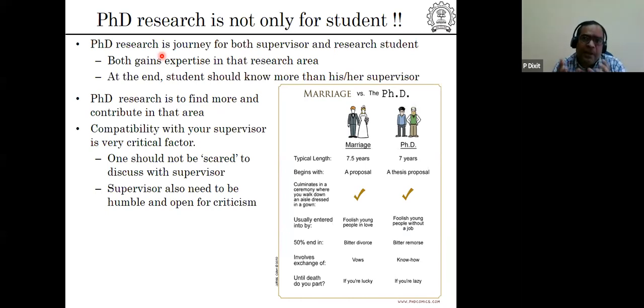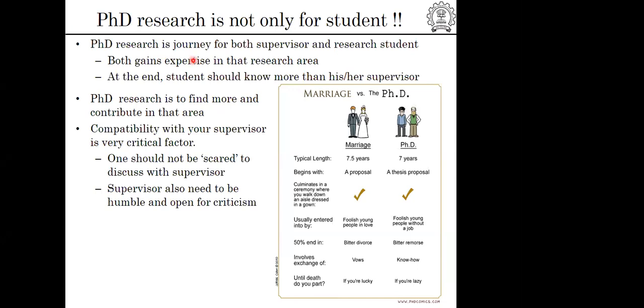Your supervisor may know about a particular research domain, for example manufacturing engineering, but he may not know much about the particular problem you are working on. So once a student completes the PhD, the ideal PhD is one in which the student knows more than his or her supervisor. So a PhD is just like a kind of marriage.